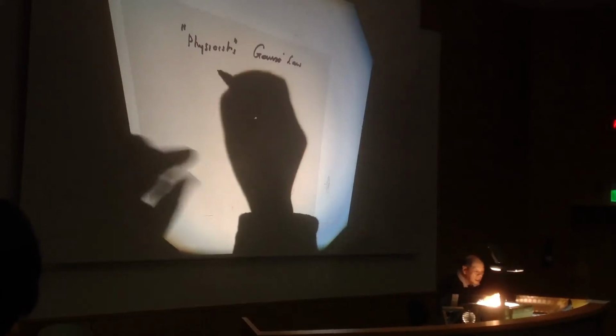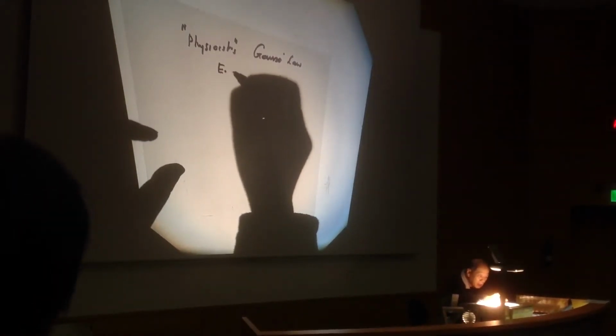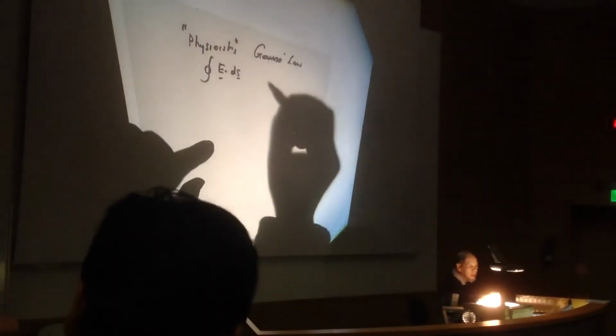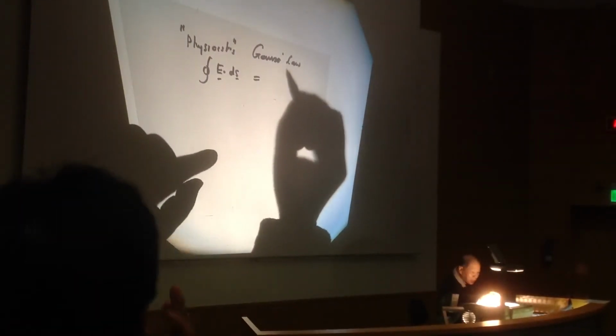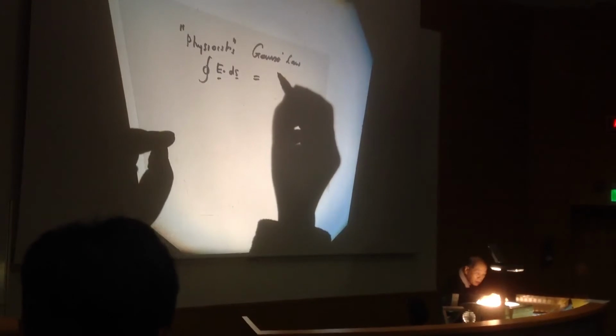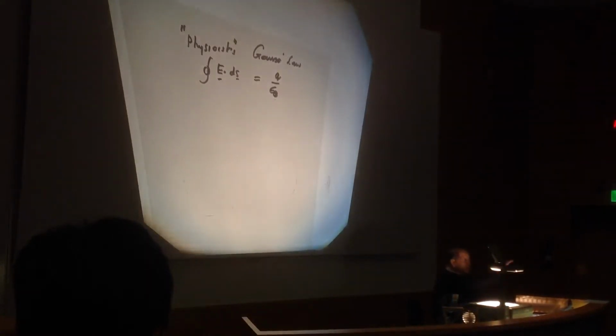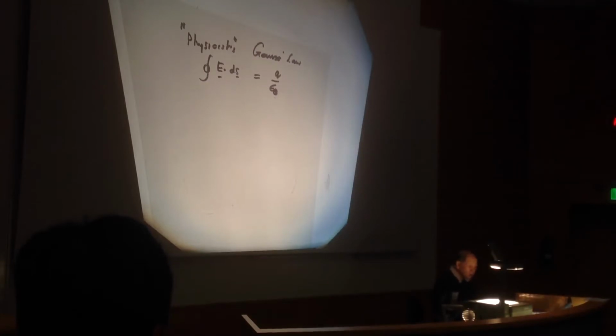Physicists like to work with E. The integral of E dot dS on the surface is given by the net charge Q upon epsilon naught. Epsilon naught, whether you have a dielectric or not, always epsilon naught. So what is this Q?